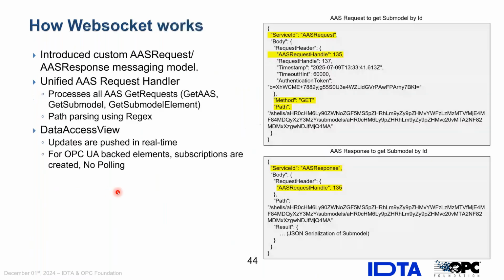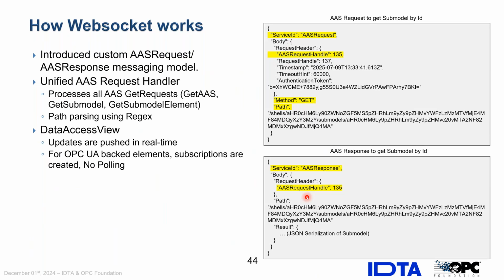Now let's have a look at how WebSocket works. As we have seen in the picture, and as Niels already explained, in the case of WebSocket we are using a common channel for both the OPC UA request and the AAS request. So we needed a mechanism or factor which can distinguish the asset administration shell request from OPC UA.